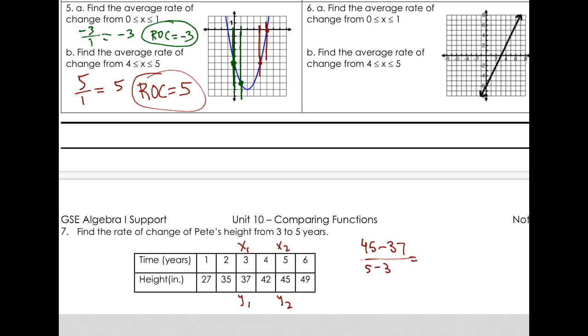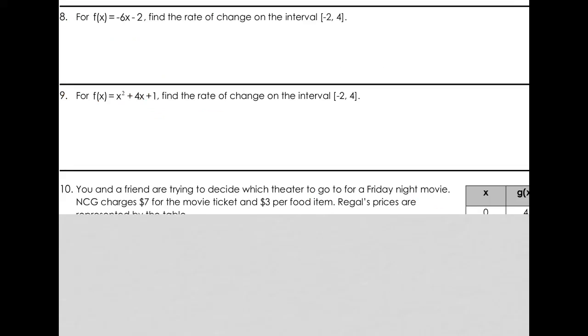That turns into 8 over 2, which is equal to 4, which means rate of change is equal to 4. We're just plugging and playing, guys. Take the formula, plug it on in. It's no difference.